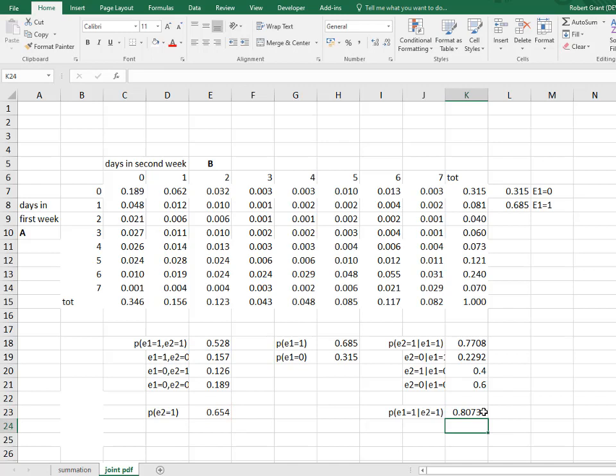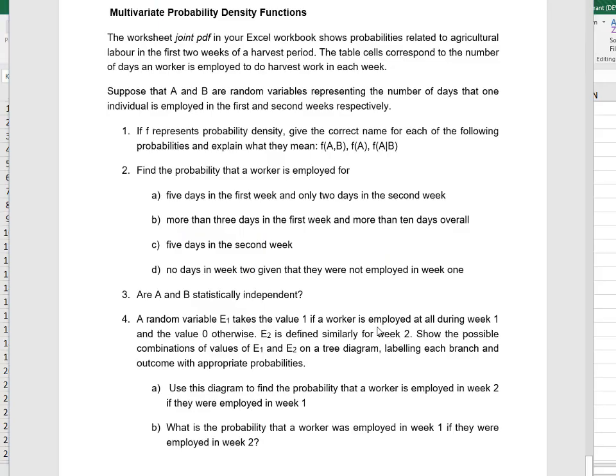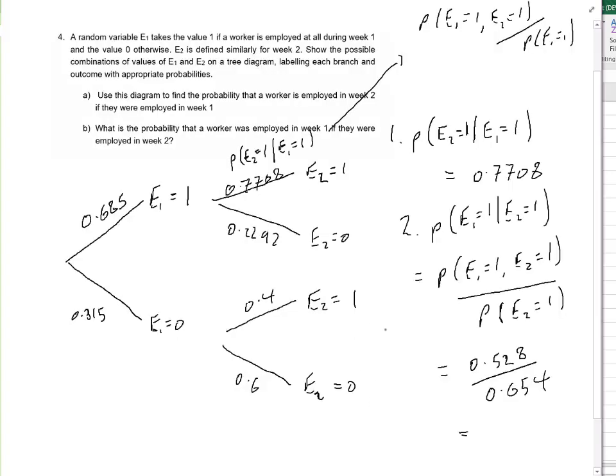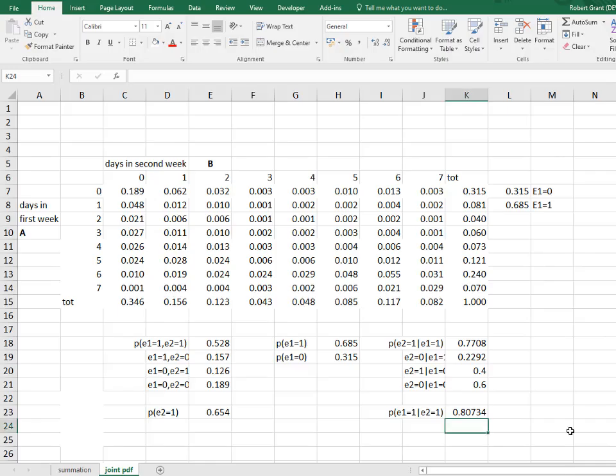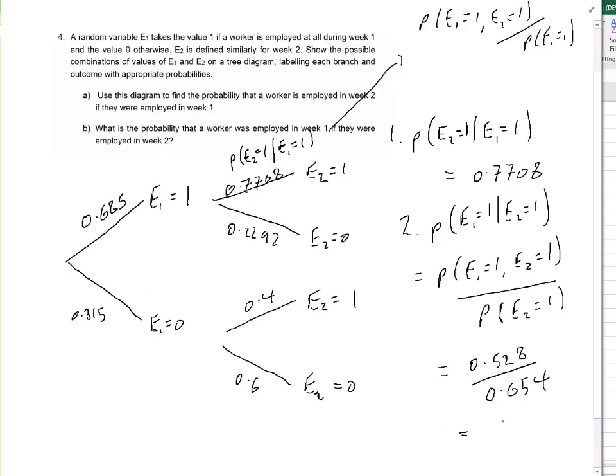Now you can see it's bigger than this one. It's not the same as that, so 0.80734. That's the right thing. And it took me so long to get back there, I forgot it, 0.80734.